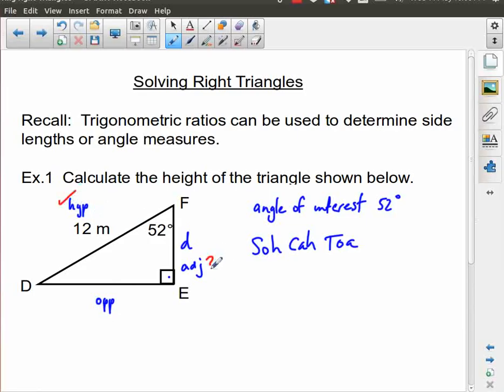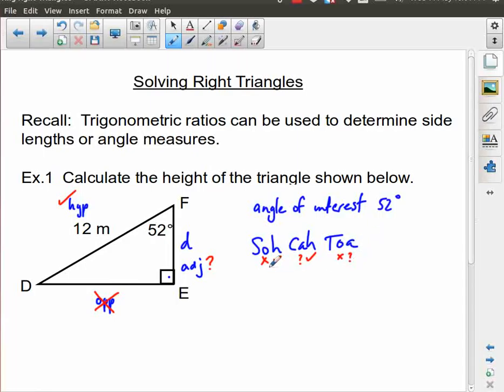I want to know what the adjacent side is, that's D, and I am not at all interested in the opposite side. And so if we just go along here, I'm not interested in the opposite side, I have the hypotenuse. I'm interested in the adjacent side and I have the hypotenuse. I'm not interested in the opposite side and I want to know the adjacent side.